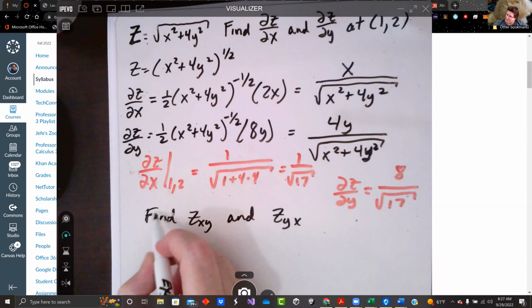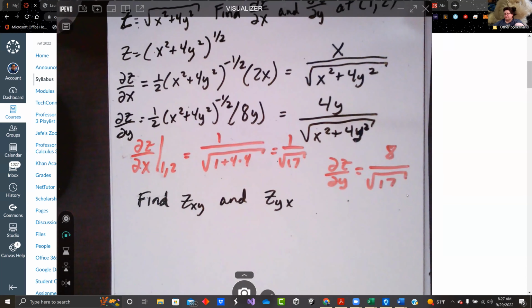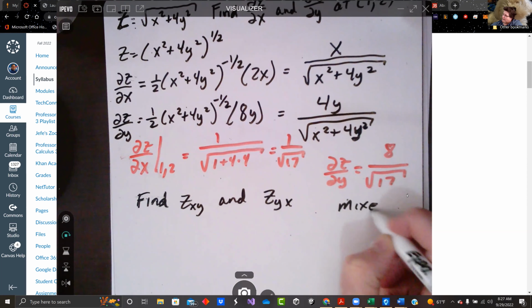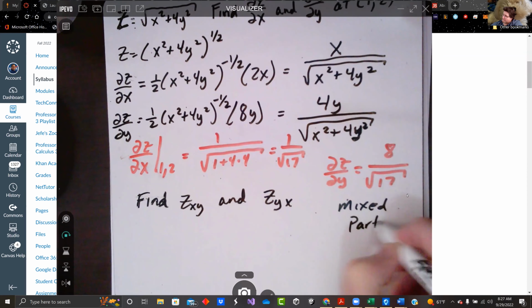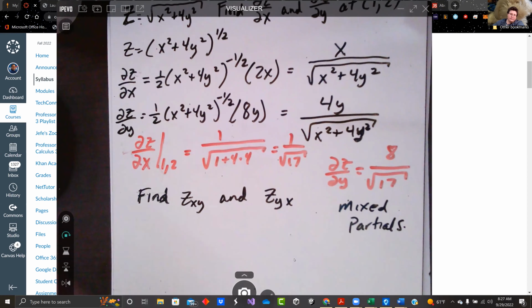All right, so what we're going to do now is take the mixed partial derivatives. These are called mixed partials, because the derivative changes. The notation goes left to right here.